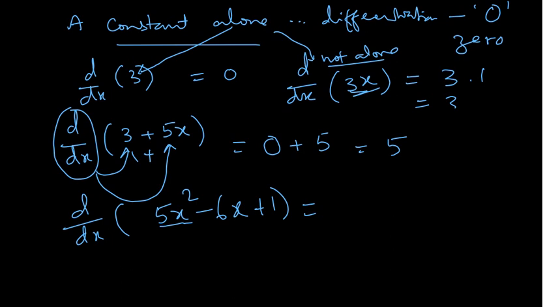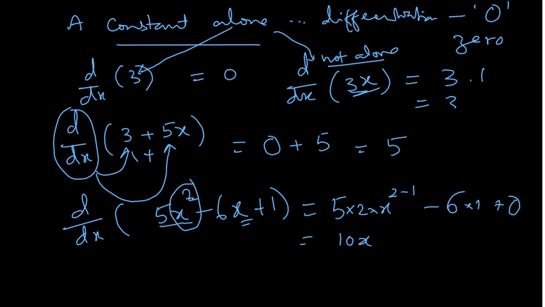See, just look. This is called a monkey on the top kind of a thing. It is there on the top, right? So 5 like that only. 2 will come because this 2 is there, into x to the power of 2 minus 1. We applied the rule. Minus 6 into 1, if it is x, only 1 is the differentiation, plus 0. 10x minus 6 is the answer.